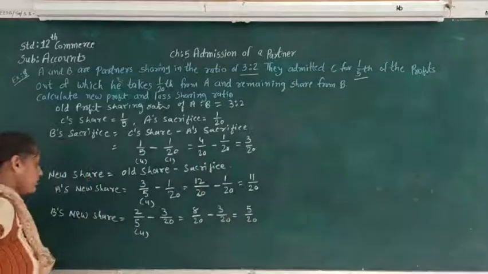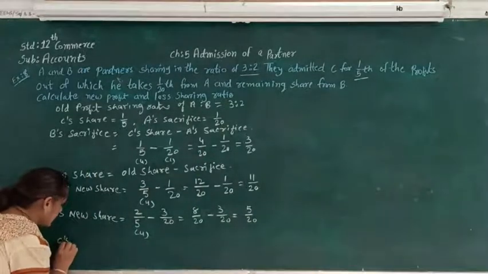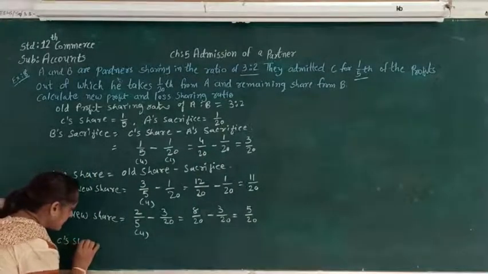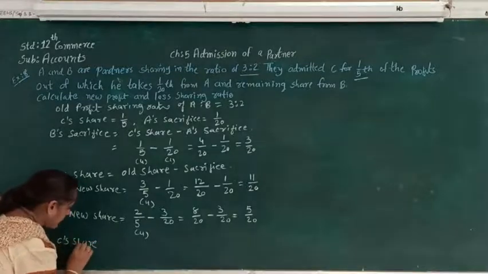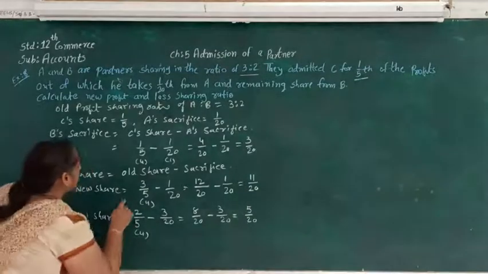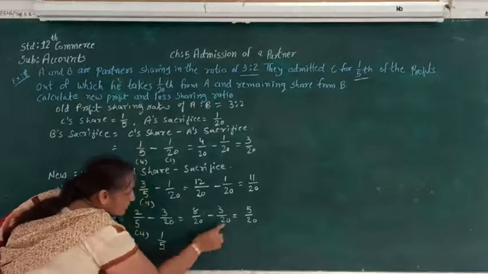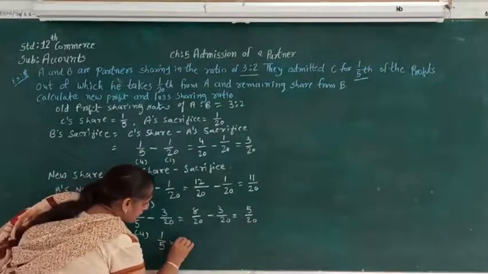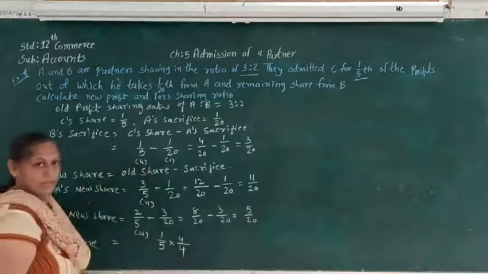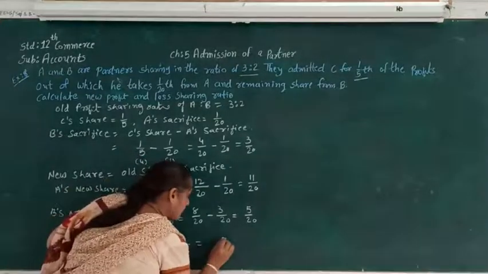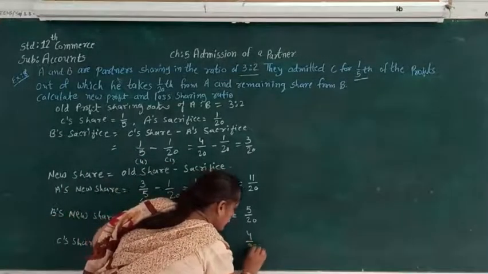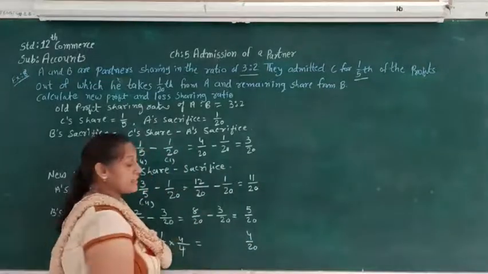And again, as we know, C's share, as we discussed before, was 1/5. So making the denominator same, again we are going to multiply by 4. So it will be 4/20.